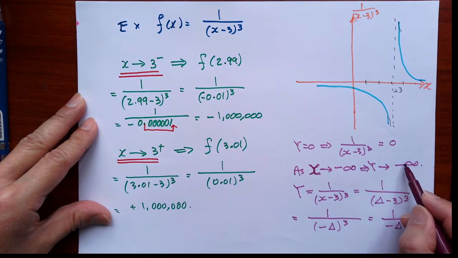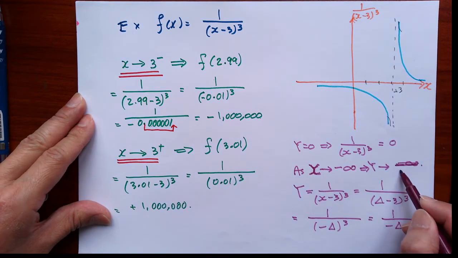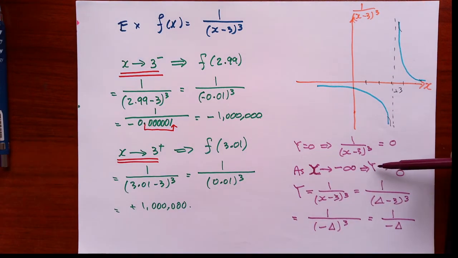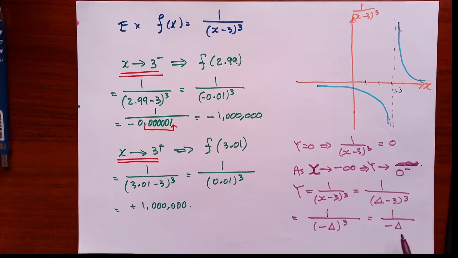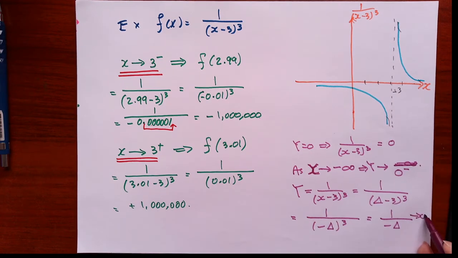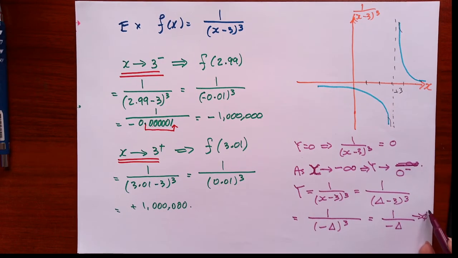Approaches 0. Excuse me, approaches 0 from below. I made a mistake here. Why would it approach 0 from below? Because 1 over a large negative number is approaching 0 from below.